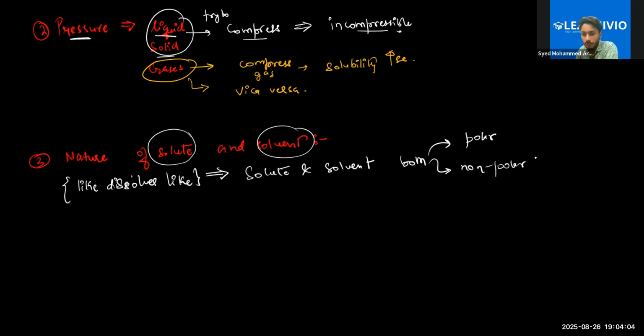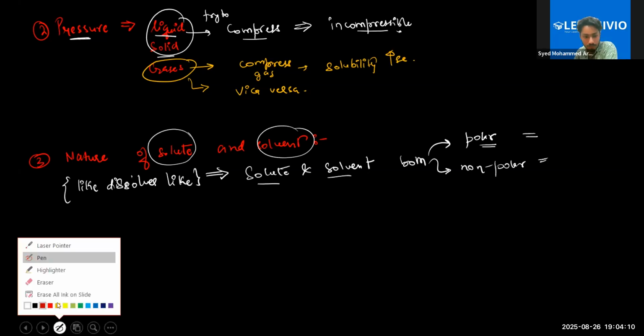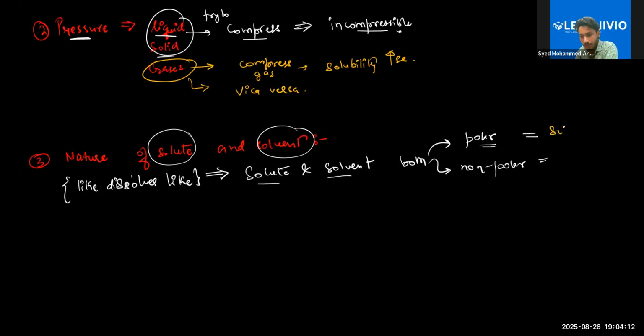If both the solute and the solvent are polar compounds, then the solubility increases. Same with non-polar: if both of them are non-polar, the solubility increases.